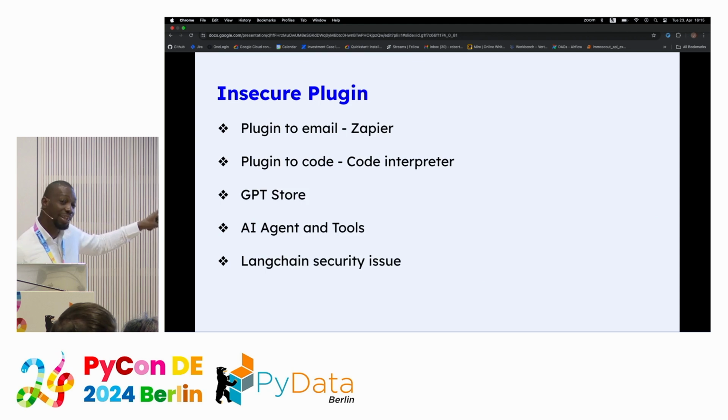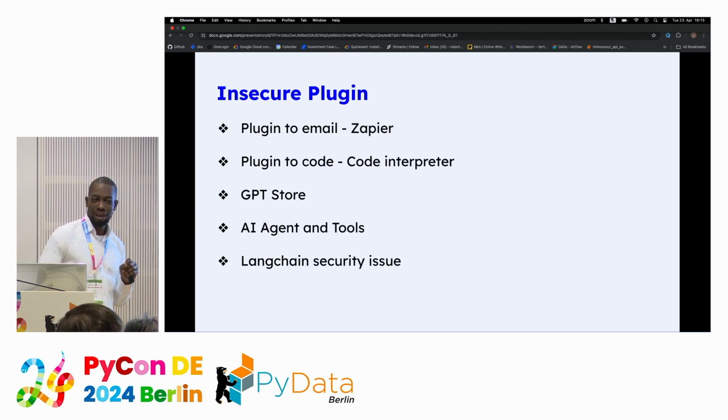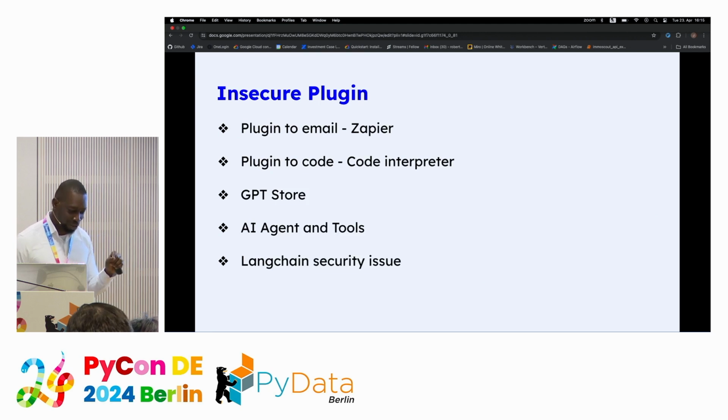For sending email, one use case I've seen was the person not just using it to send emails, but to delete emails. Because you can send email, you can also delete some emails, right? So you can use the same plugin to delete all the emails. You also have the agents that I've spoken about. Agents perform tasks.